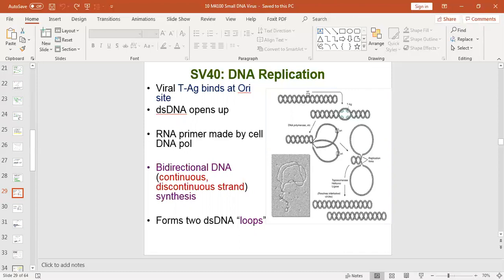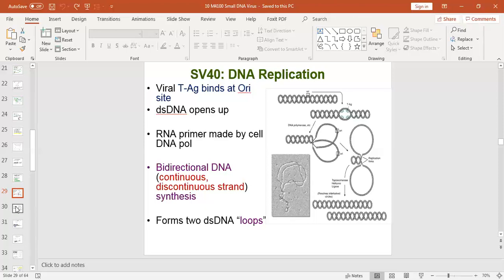DNA synthesis of SV40 is bidirectional, meaning that we have both continuous and discontinuous strands, and the result is the production of two double-stranded DNA loops that we see on the bottom portion of the picture on the right-hand side.